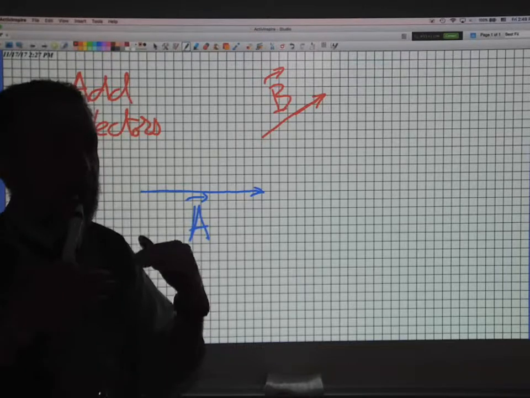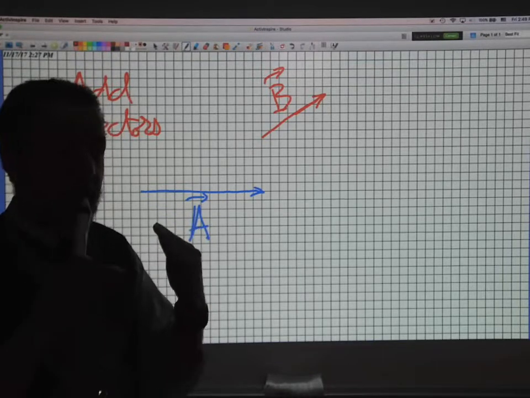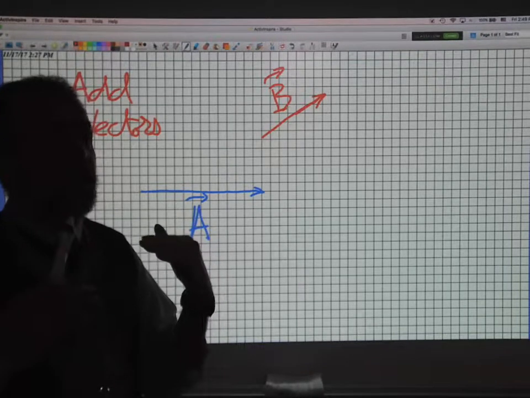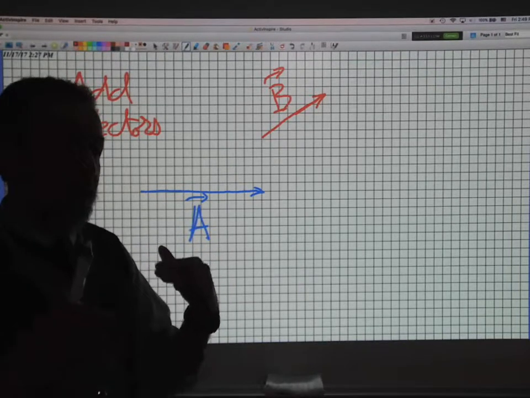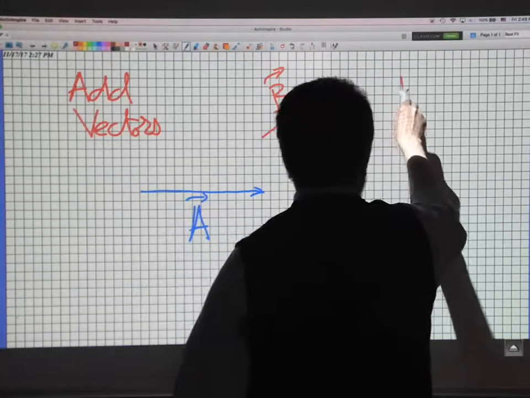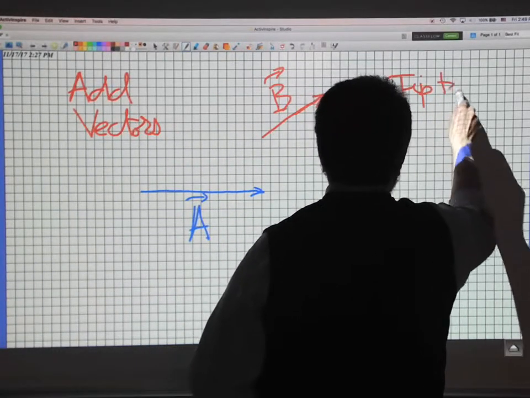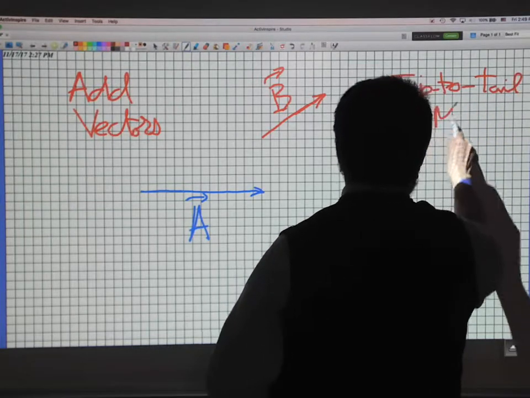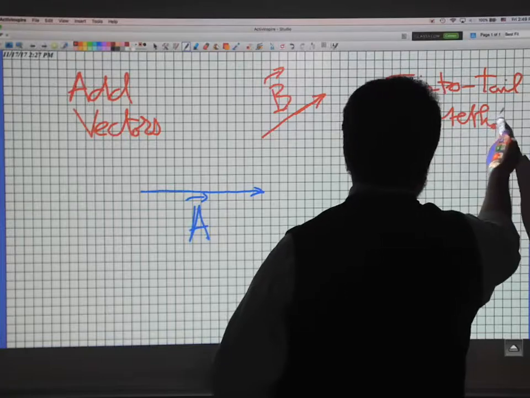If, on the other hand, you're adding them at the same time, then you would refer to that as the parallelogram method. So I'm going to show you first the tip-to-tail method of adding vectors.